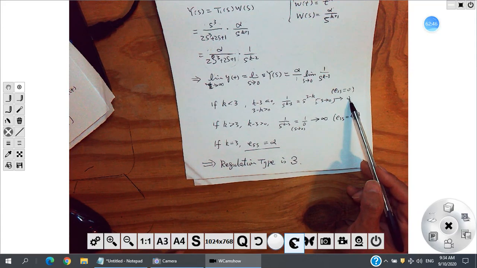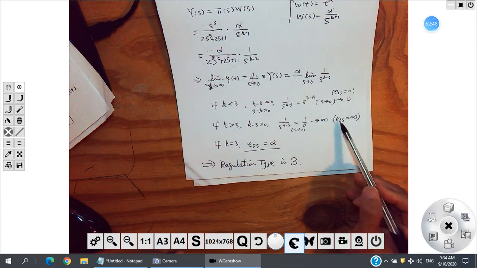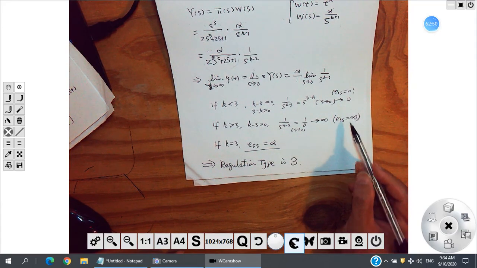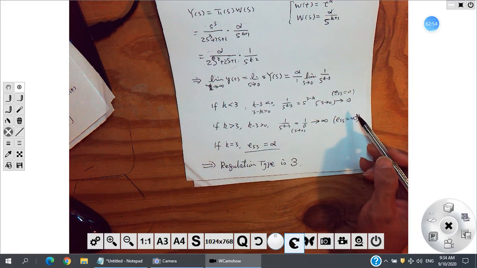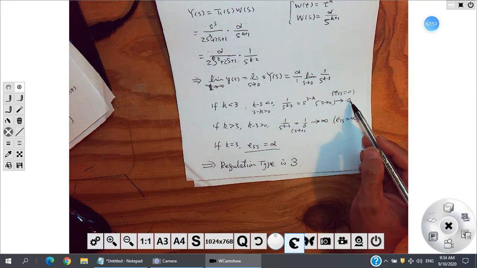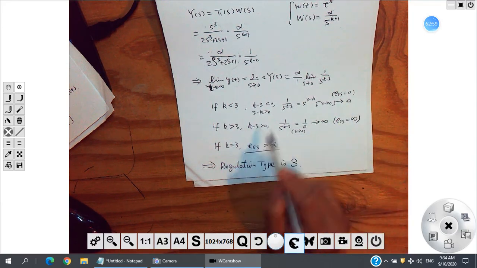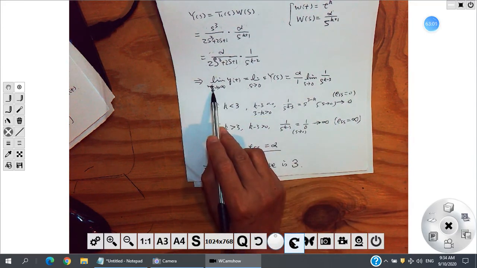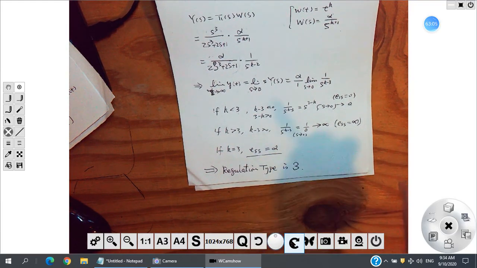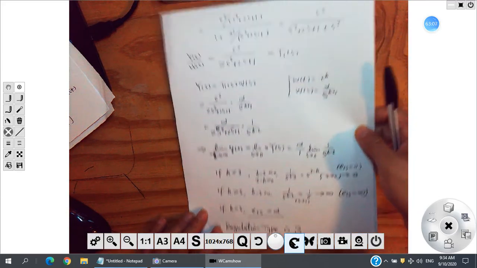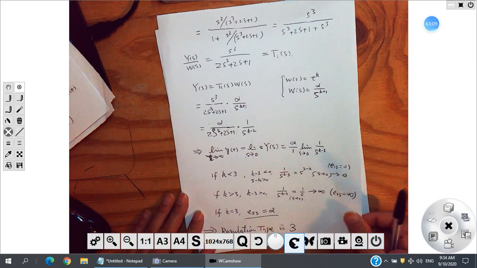So when the system runs with enough time, the noise will tend to 0. The steady error of the noise is 0 when t goes to infinity. All right. So this is for the regulation type.